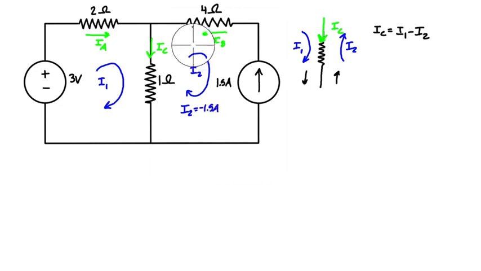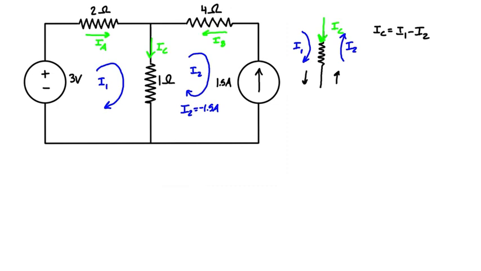And then here, if we look at this resistor, we were saying that I2 is going this way, right? It's passing through this resistor like that. But if I2 is going this way and it's a negative 1.5 amps, that means we can just switch the direction, and the actual current that's flowing through the resistor is going to be 1.5 amps flowing to the left.